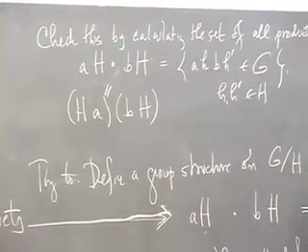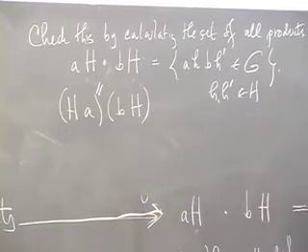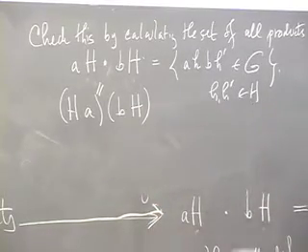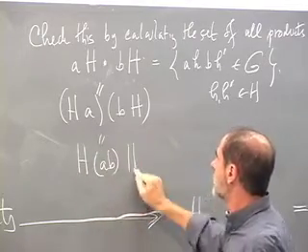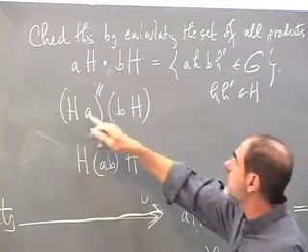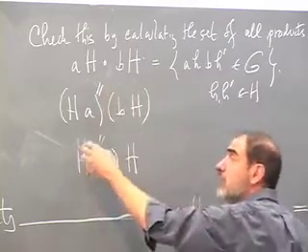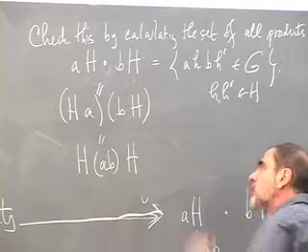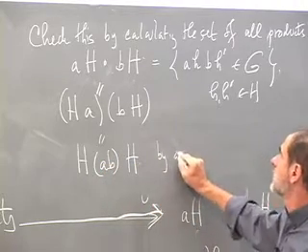Okay? Now I claim that that's the same set as H, A, B, H' by associativity. I mean, this is the set of all things H, A, B, H'. So associate AB, it's a set of all things H, AB, H' by associativity.